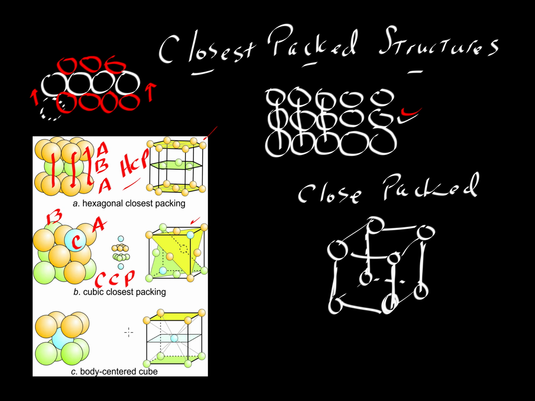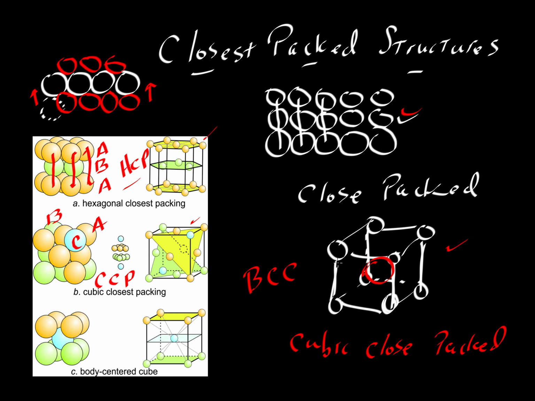And then another type of close packed, not necessarily closest packed, is if we come back to this cubic case here. We'll just call this cubic close packed, not closest packed. We can take an atom and put it in the center, and that would give us a so-called BCC, or body-centered structure.